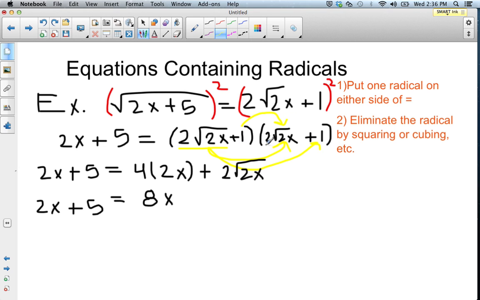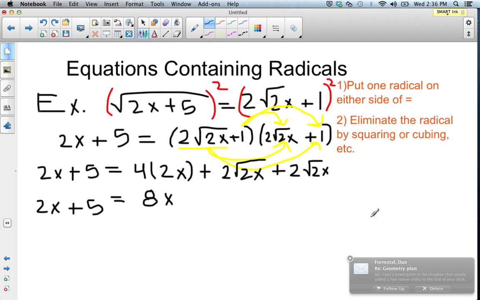So 1 times 2 square root 2x. Again, anything times 1 is itself, so we get plus 2 square root 2x. And then last but not least, we've got 1 times 1. And 1 times 1 is 1.